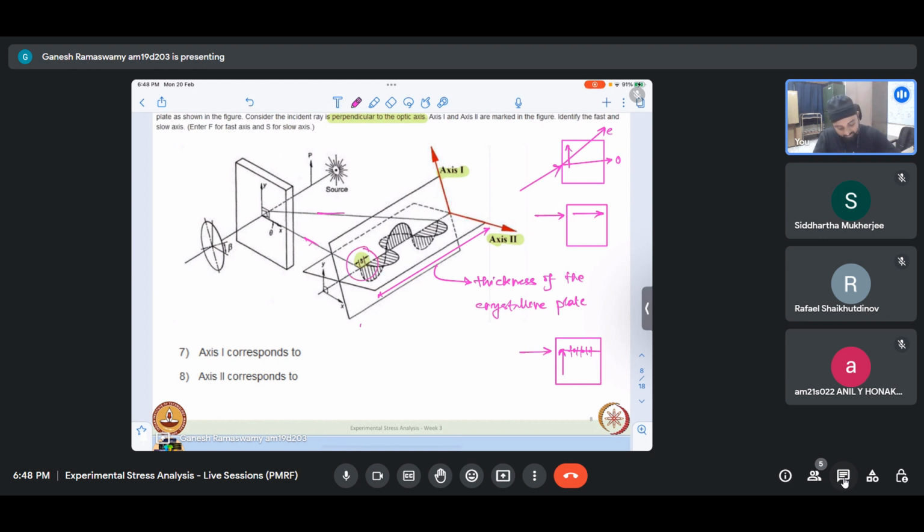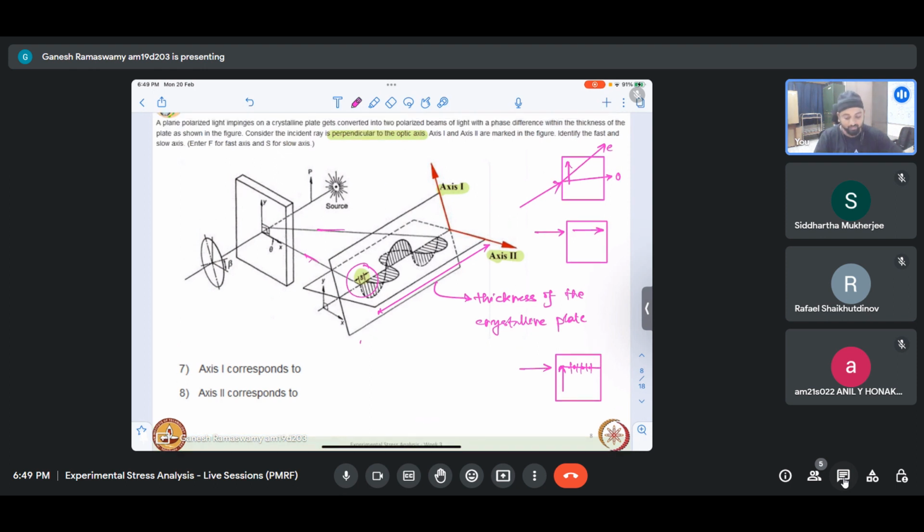That phase lag is what is represented by delta here, because it is perpendicular to the optic axis, since both will travel in the same direction but one will be faster than the other. So it is just asked which axis axis 1 corresponds to and which axis axis 2 corresponds to.